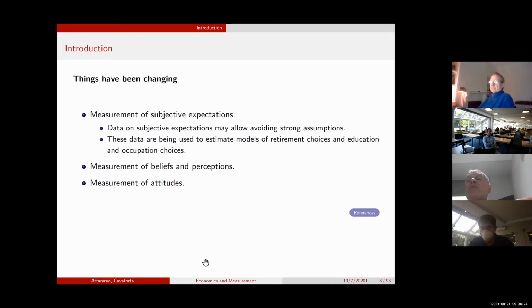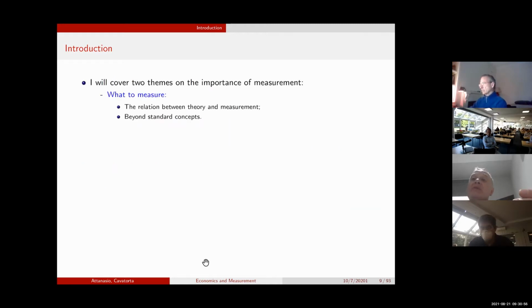Those are very useful in my opinion, because then you can estimate models trying to avoid rational expectations assumptions. So these data are being used to estimate models of retirement choices, education and occupational choices. Again, some of the papers that we discussed at the conference in the last two days hinted towards that direction. And then the measurement of beliefs and perceptions, measurement of people's attitudes.